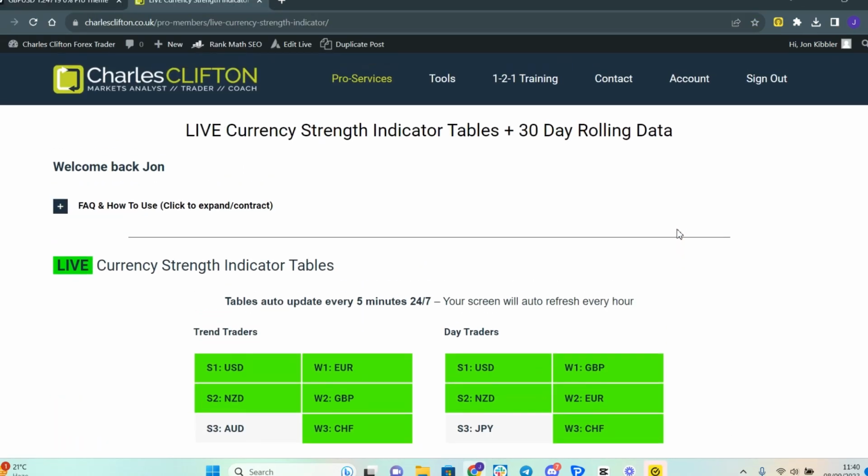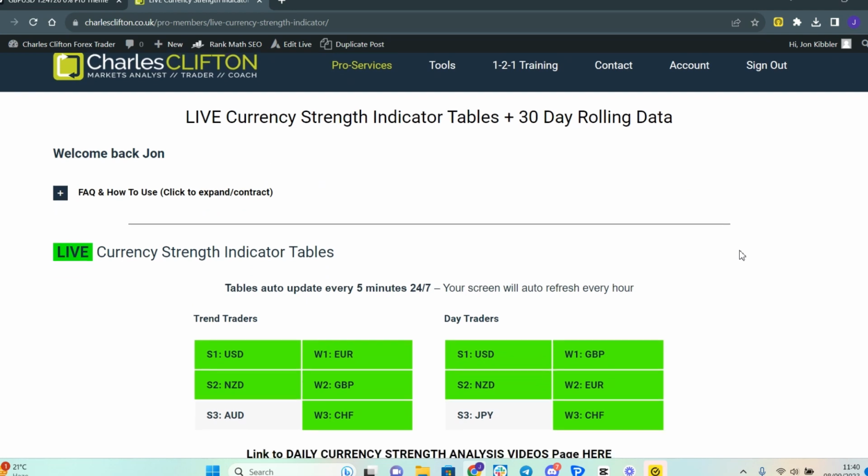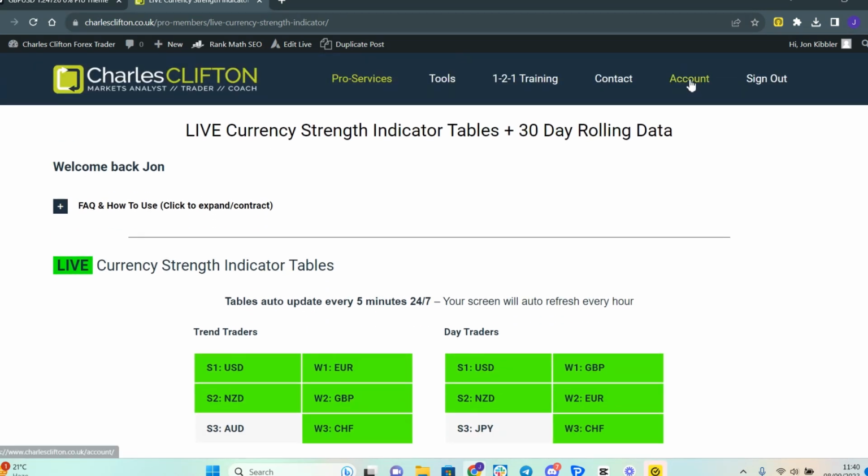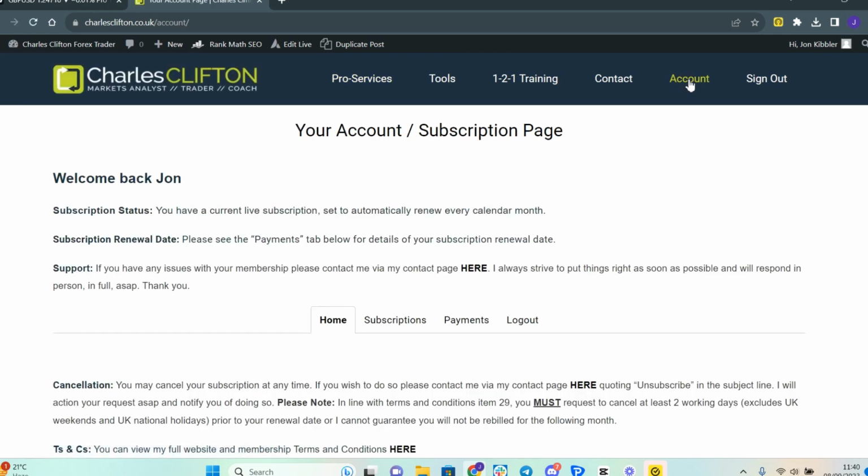Hi guys, I'm now going to show you how you can link your account to Discord. Basically, you're going to head over to your account page featured at the top of the website. Here you can see all your subscription information.